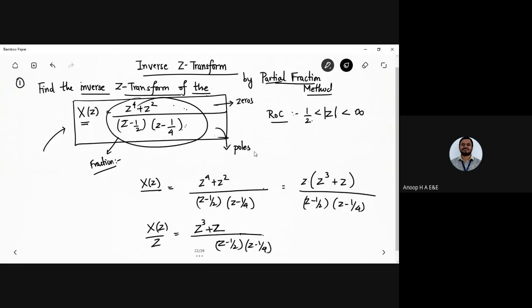Now, is X of z rational? Is it a proper fraction? Anyone can answer. Is X of z by z a proper fraction?